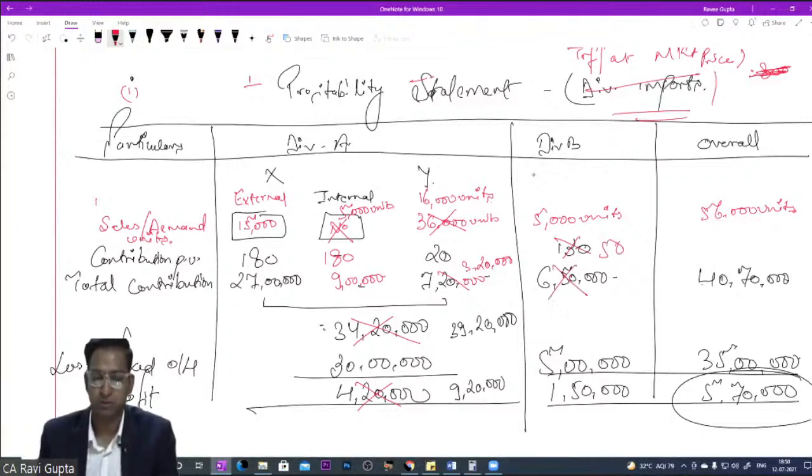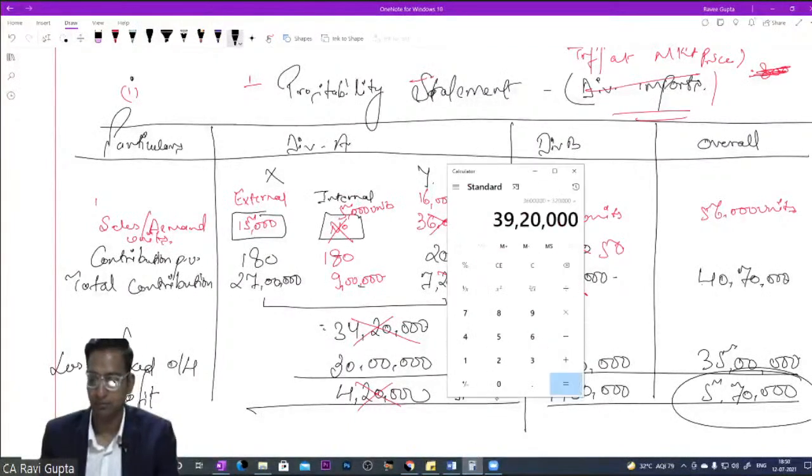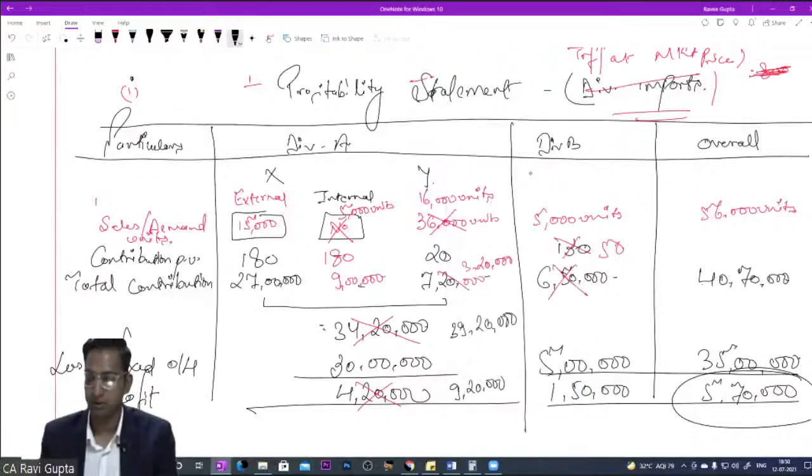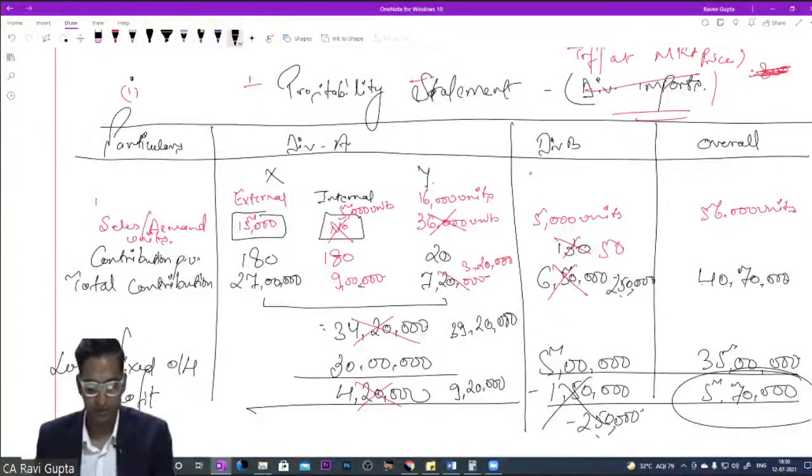And this figure will be 50 into 5,000. That is 2,50,000. And negative, this will be minus 2,50,000. Right.